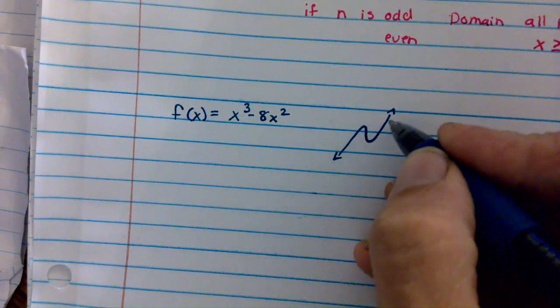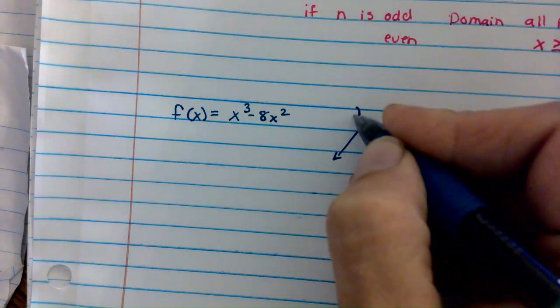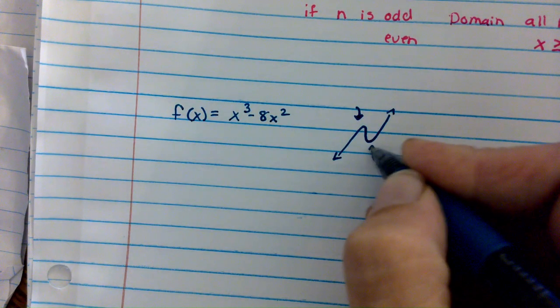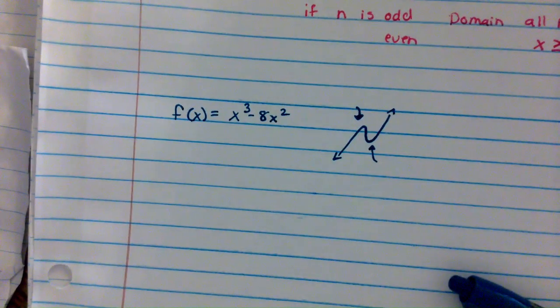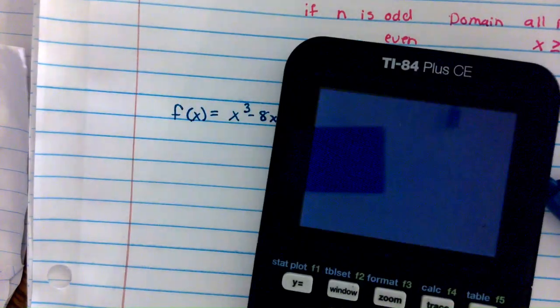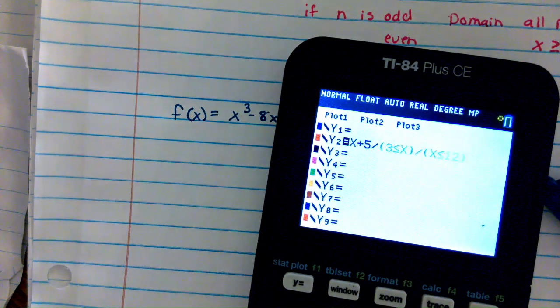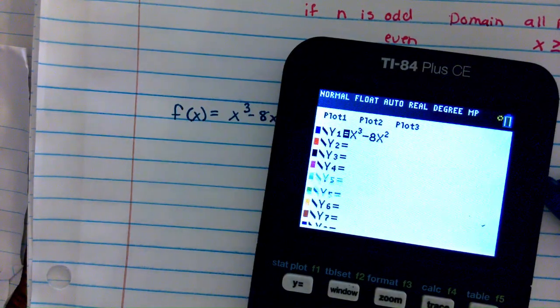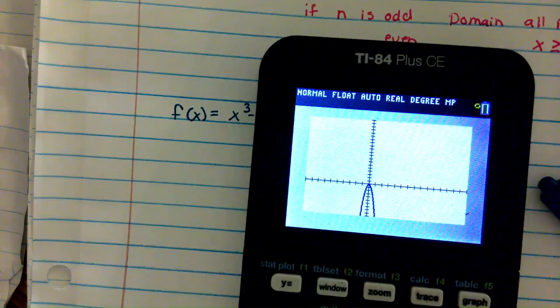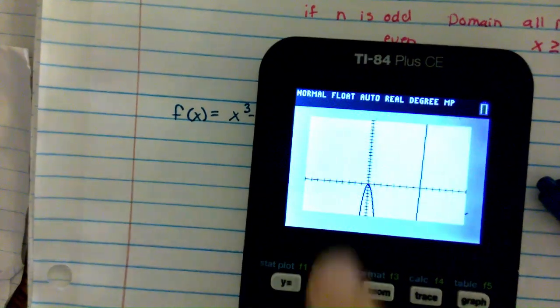We should be able to see our arrows, and we should be able to see where this hits and where this hits. So y equals x to the third power minus 8x squared. And graph.